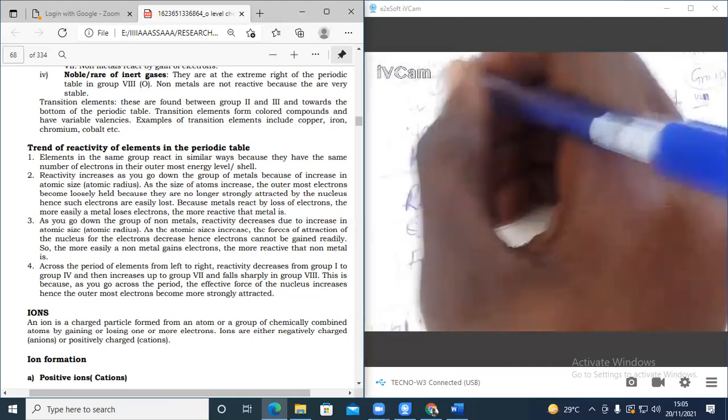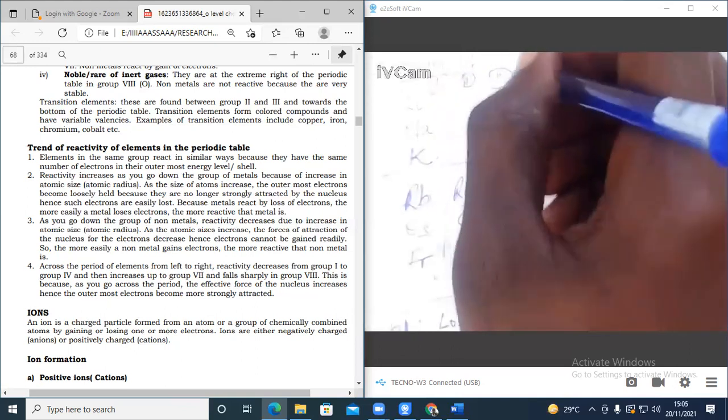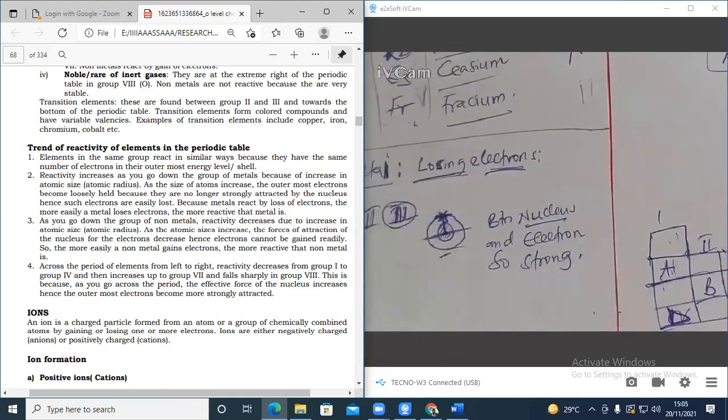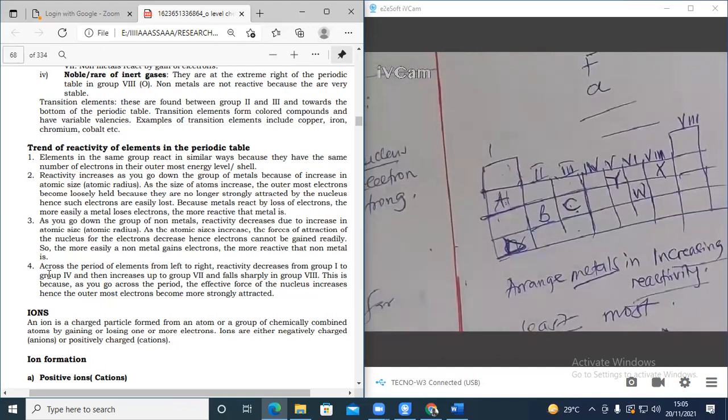Then group 1 is more reactive than group 2. Group 2 is more reactive than group 3. So you must be able to discover how those things are located. Across the period from left to right, observe this: reactivity decreases from group 1 to group 4.